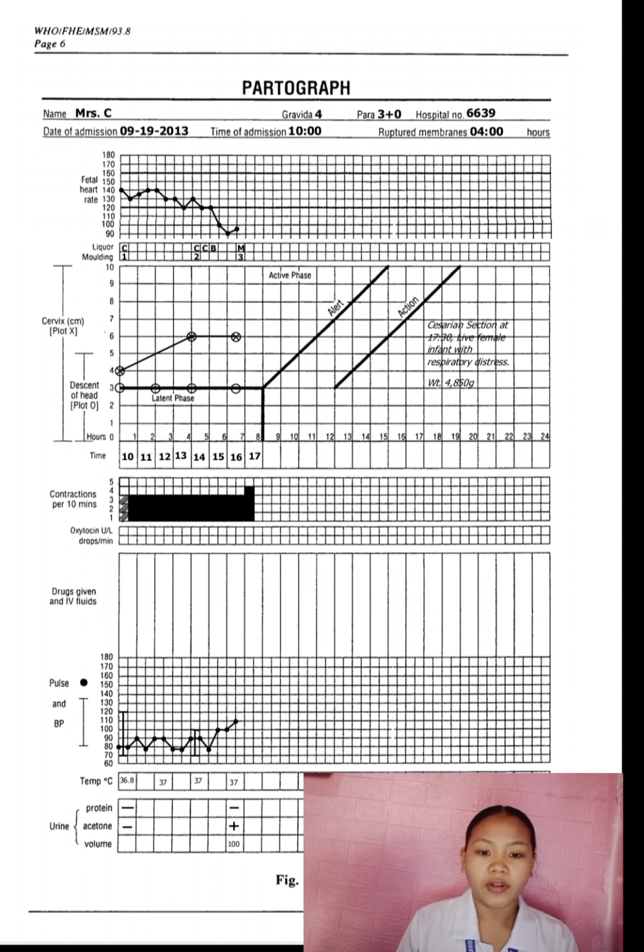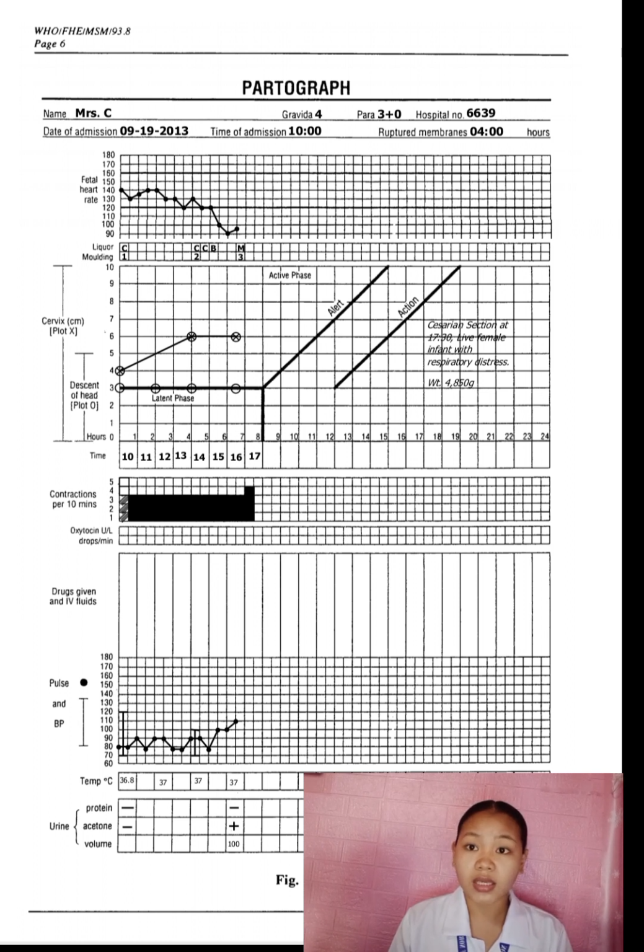For the liquor, if the color is clear, we note C. If it is meconium-stained, we denote M. If the color is blood-stained, we note B. In the record of Mrs. C, I think it is okay and normal.